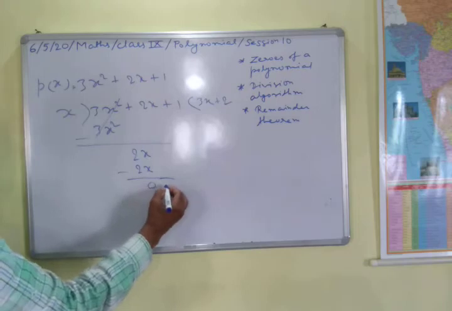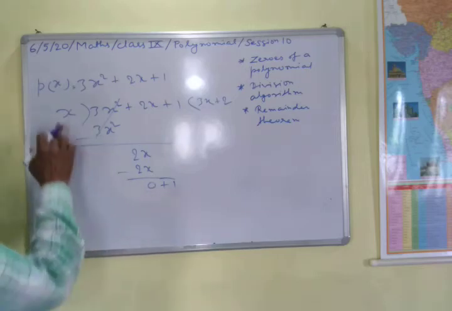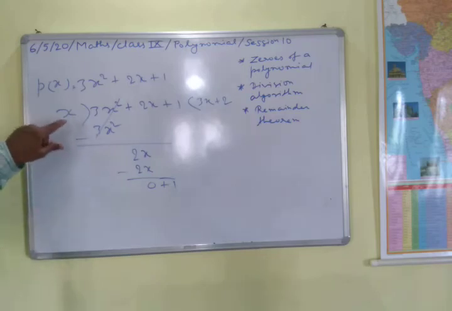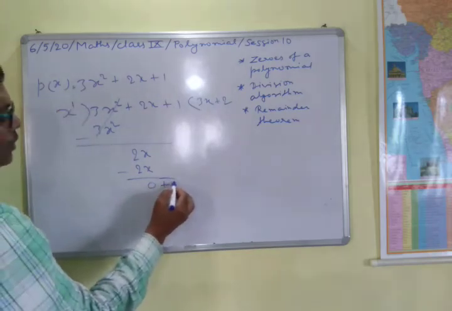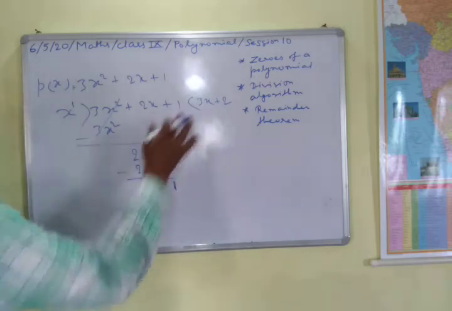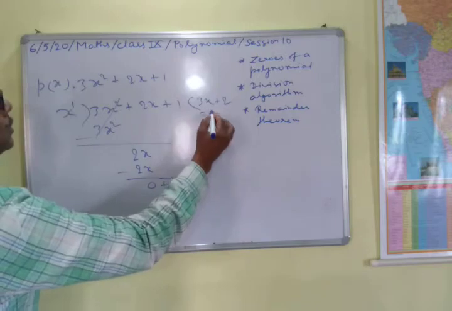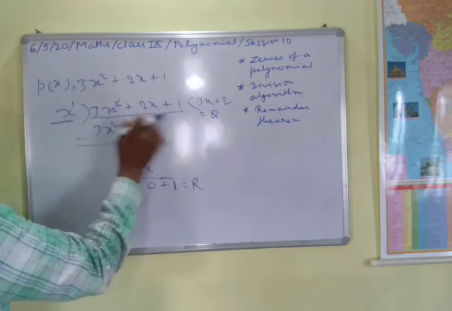Now we cannot divide further because this is 1, and we will stop this division, because the degree of x is 1 and the degree of this remainder is now less than 1. So now we will stop the division. In this case, this is the remainder, this is the quotient, this is the dividend, and this is the divisor.